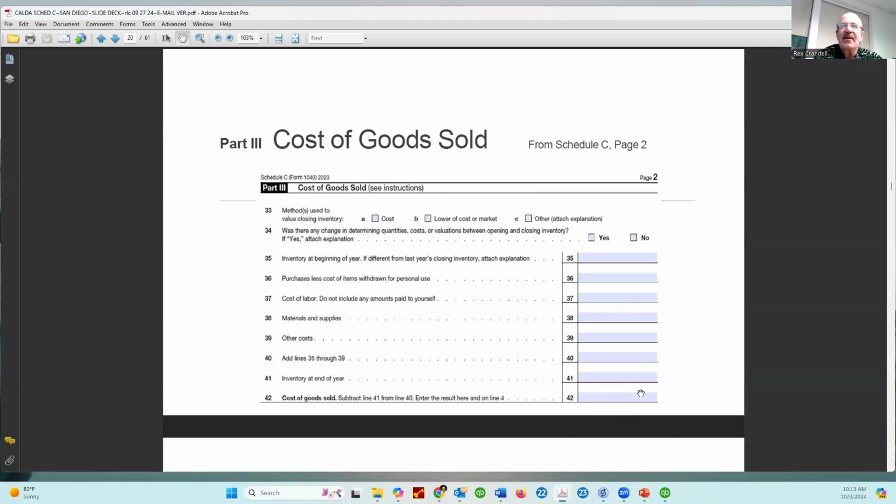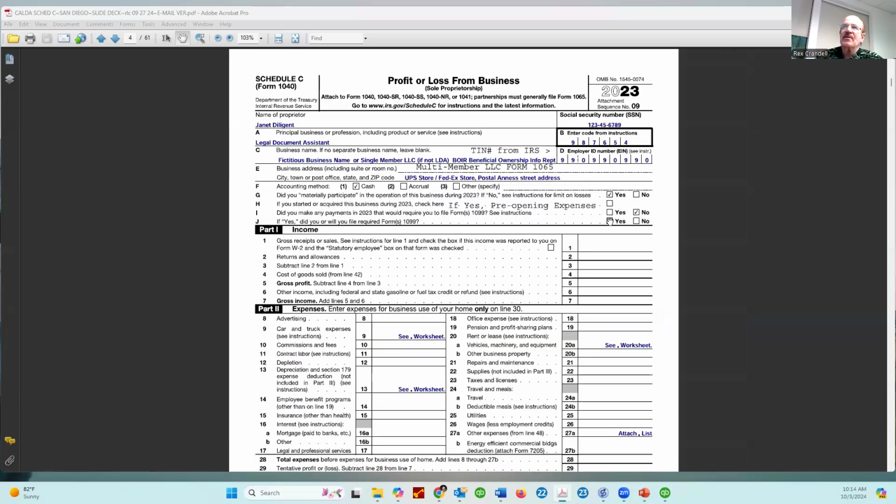Okay, so cost of goods sold means your expense in a business that has inventory that sells goods, not just a service business. And then after you've done the cost of goods sold, you list it on line 4, page 1 of the 1040.